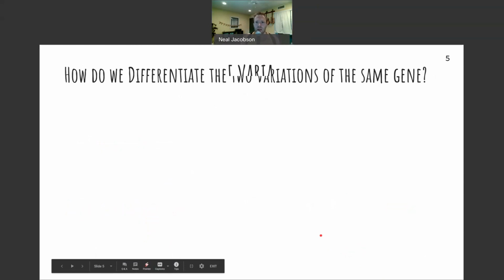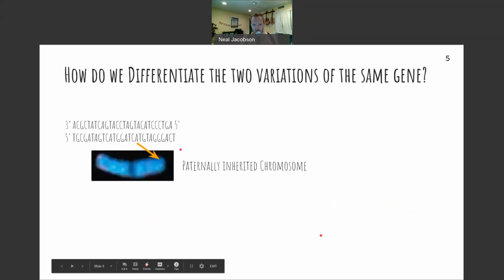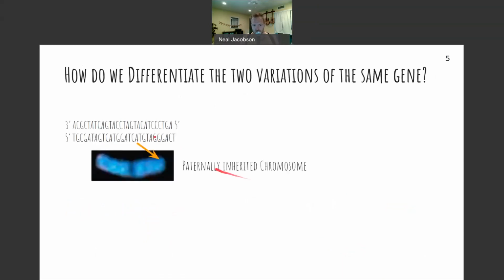Okay. Moving on. So we've got our paternally inherited chromosome, got our gene, and we'll call this variation of the gene big B. So we'll just give it a designation. A lot of times you'll see where we use a capital letter to designate maybe a dominant gene, or a lowercase to represent a recessive gene.